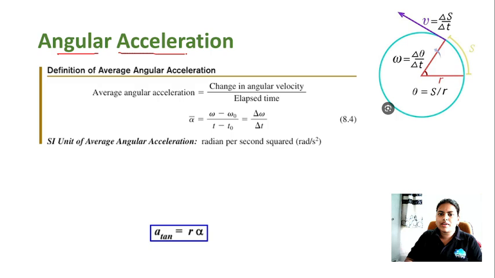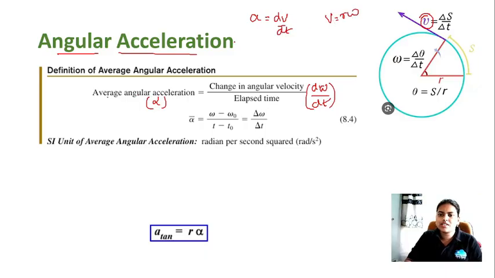Let's see angular acceleration. In linear motion, a is equal to change in velocity upon change in time. And in rotational motion, average angular acceleration, which is represented by alpha, is equal to change in angular velocity, which is d omega upon dt. When there is a change in the magnitude of velocity, that produces the angular acceleration. We can write v is equal to r omega.